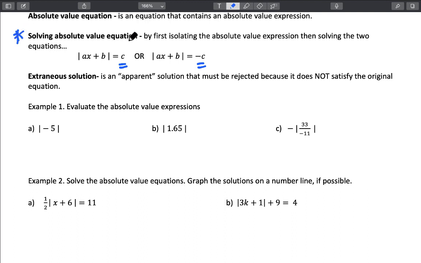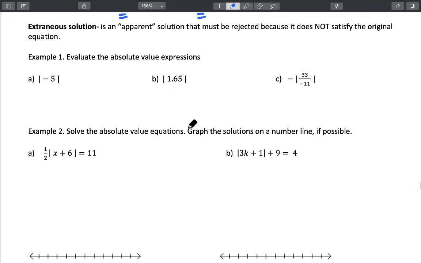When we solve absolute value equations, we're going to first isolate that absolute value expression. Then we're going to write two equations. One where the absolute value is set equal to the positive distance, and one where the absolute value is set equal to that negative distance.